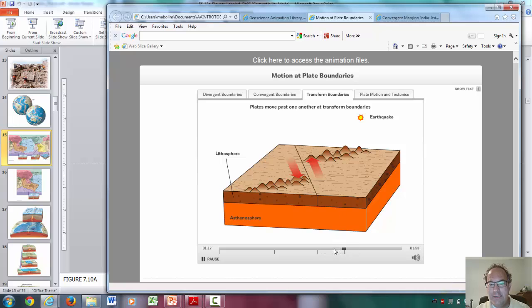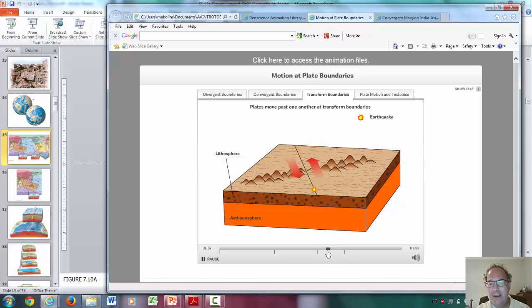You do see earthquakes, the little explosions in the animation. You do not see something else. What is missing? What is not in this picture? Well, what's missing is volcanic activity.